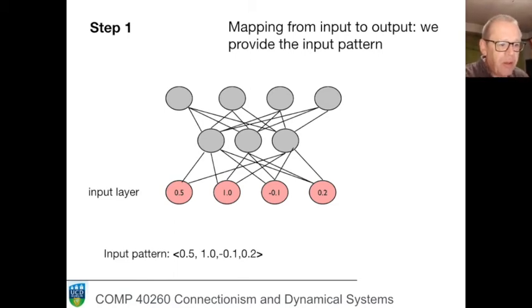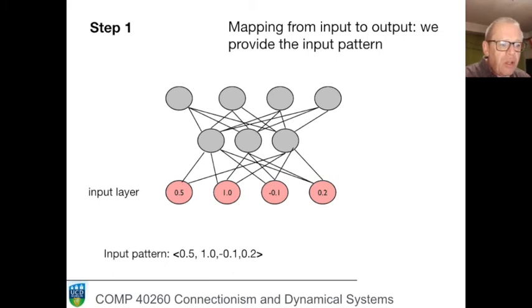Here the input pattern has 4 numbers: 0.5, 1, minus 0.1, 0.2. They came from us. We, the modelers, have chosen to ask the network to compute some transformation of these values. They don't mean anything unless they mean something to us. From the network's point of view, they are just these numbers.